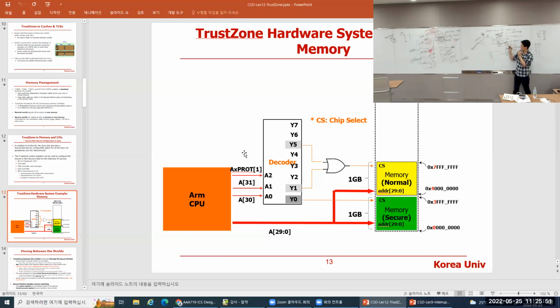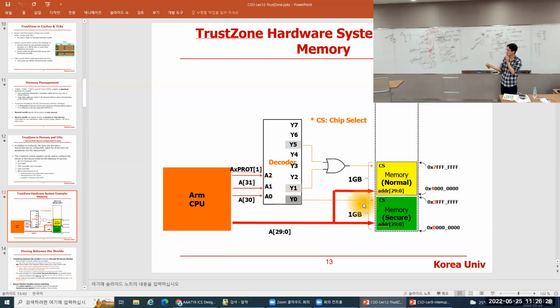Right? So one very important control signal you have to look at is AXPROT. In addition to read and write, the ARM is also generating the protection signal, PROT. This first bit, I think. So that bit is, 0 means what? 0, 0, 0.